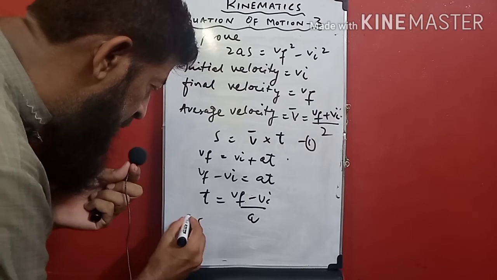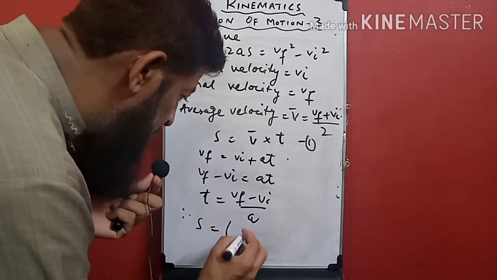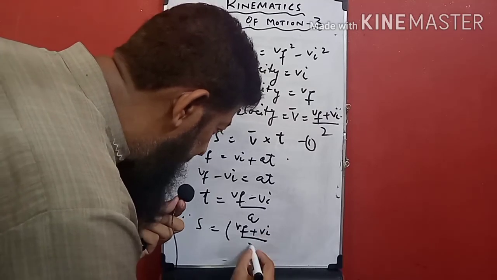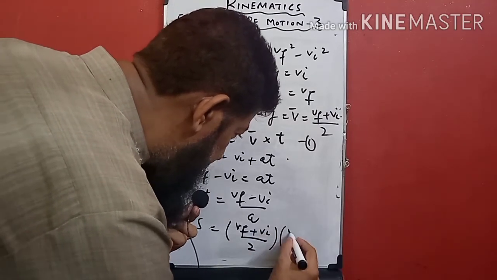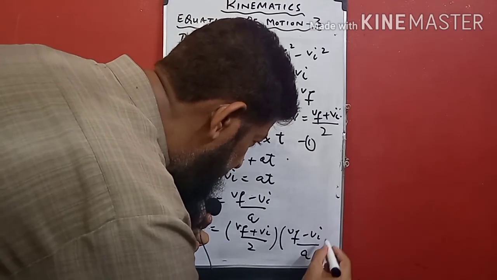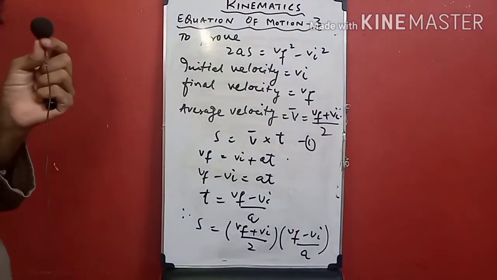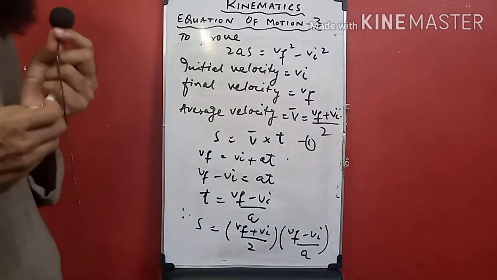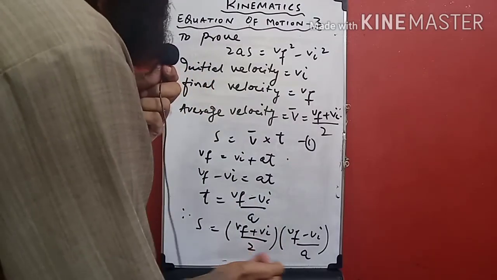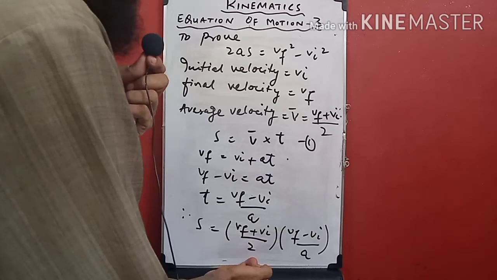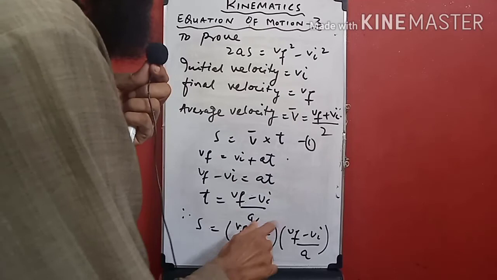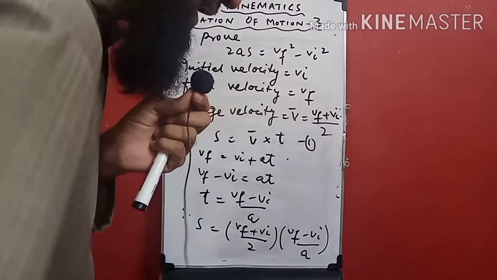So S is equal to Vf plus Vi upon 2 multiplied by Vf minus Vi upon A. If we multiply these two brackets, in the denominator we obtain 2A, and in the numerator there are two factors, Vf plus Vi and Vf minus Vi.